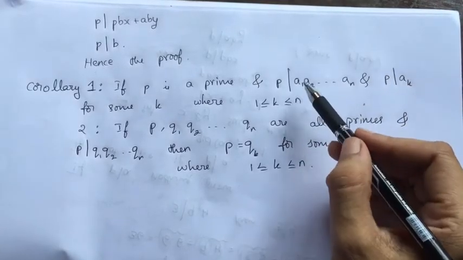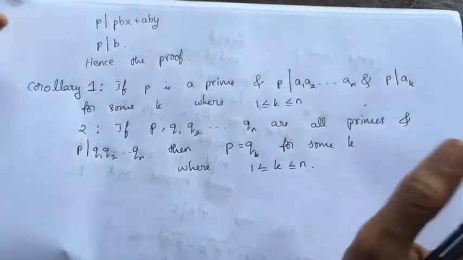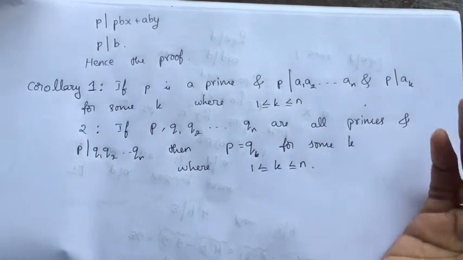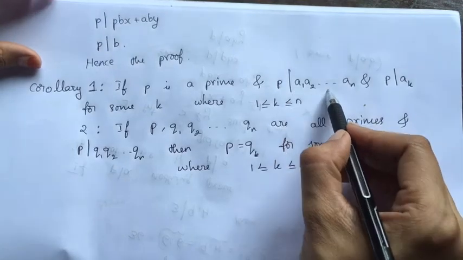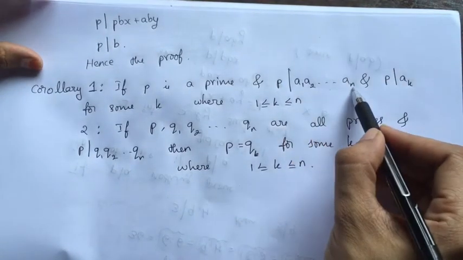See, when I consider two terms, there is no problem. We have proved P divides AB implies P divides A or P divides B. And the same thing if I have more terms, the product of more terms.